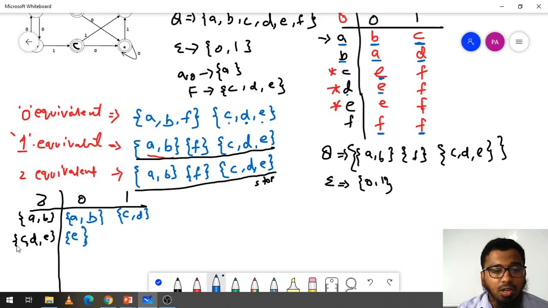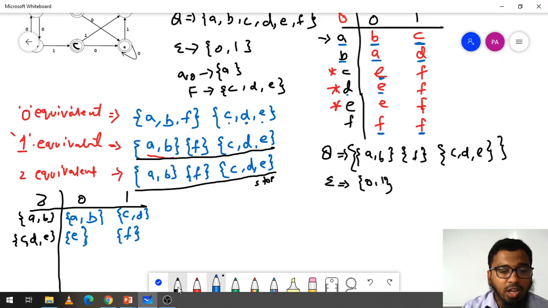Next, C on 1, what are we getting? We are getting F. D on 1 is going to F only. E is also going to F only.